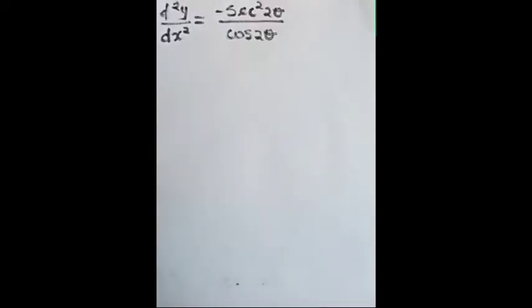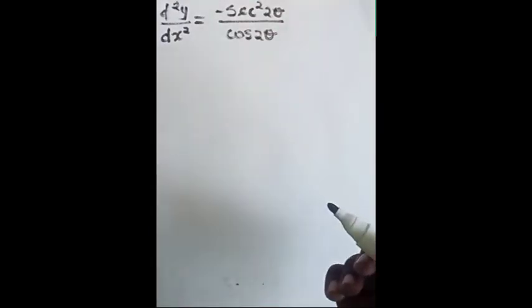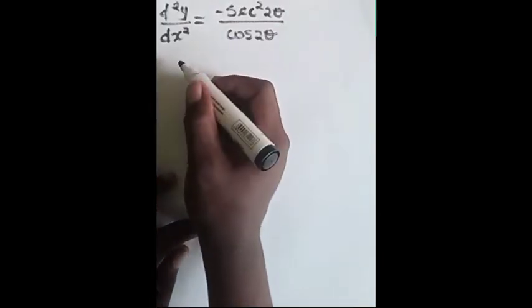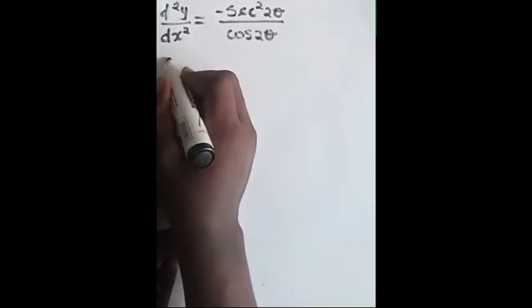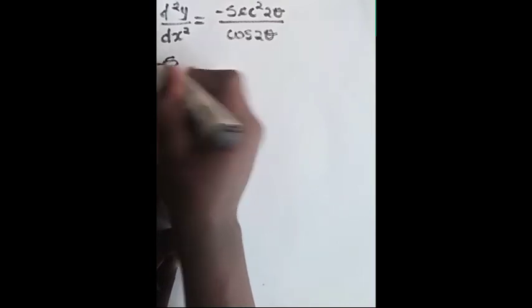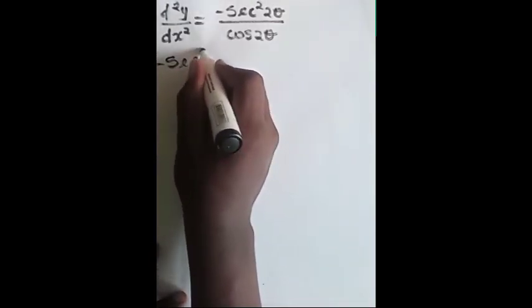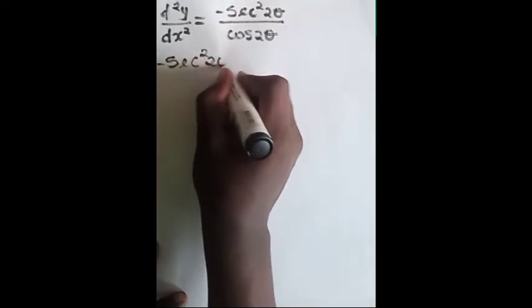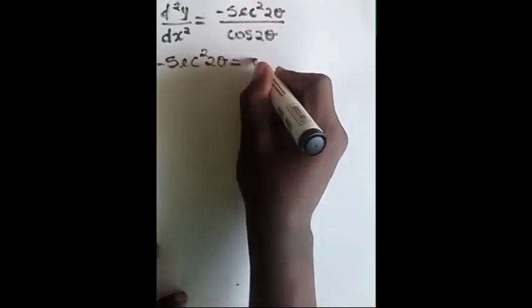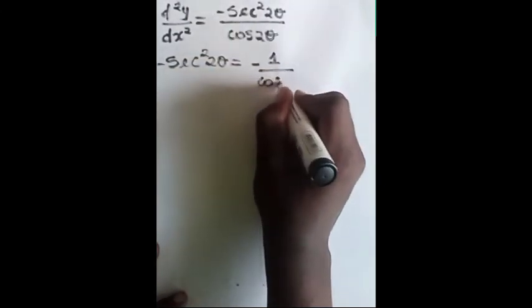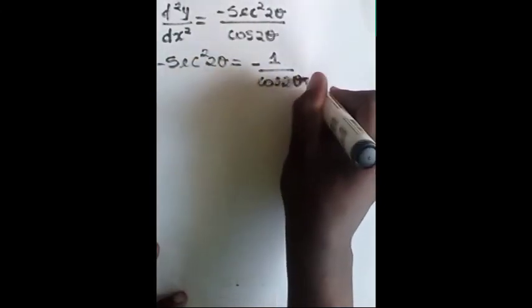We can further simplify this because we know sec theta is 1 over cos theta. This implies negative sec squared 2 theta is equal to negative 1 over cos squared 2 theta.